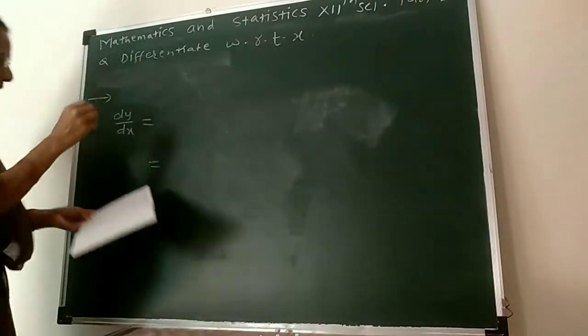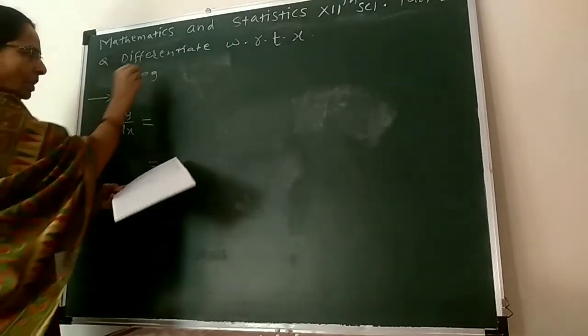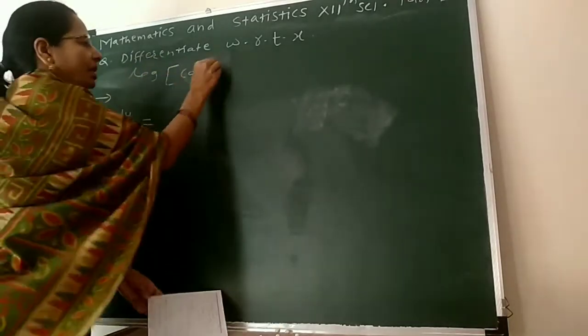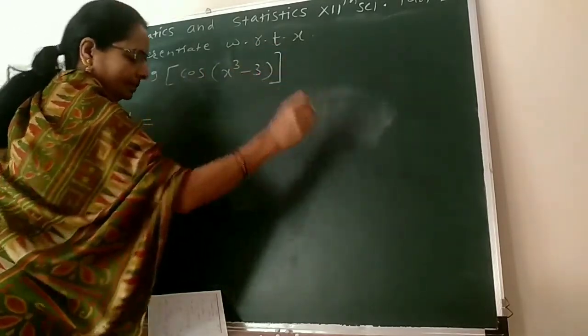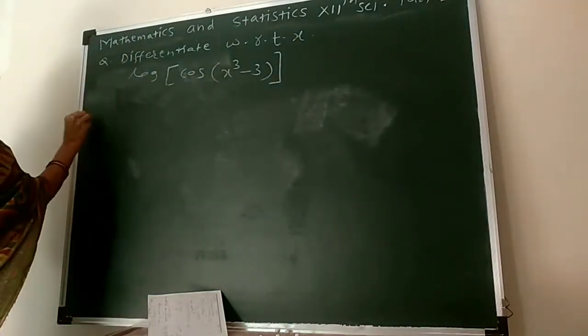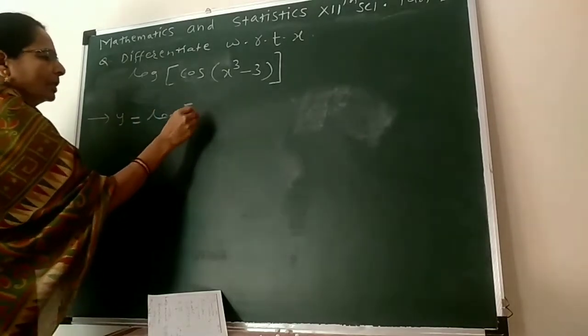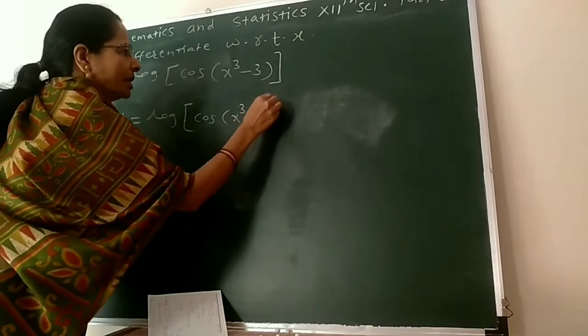Next question, log cos x cube minus 3. y is equal to log cos x cube minus 3.